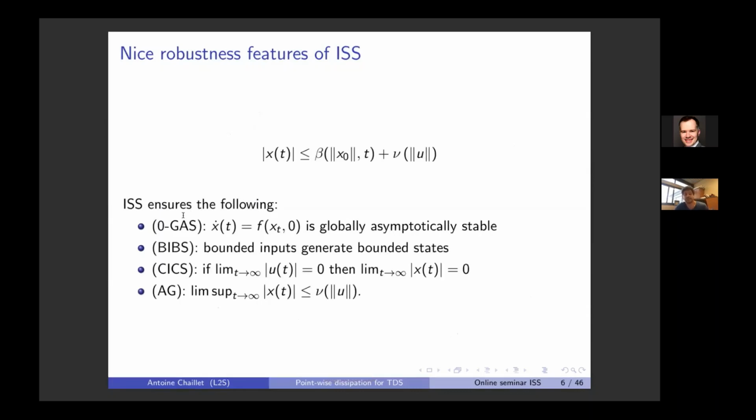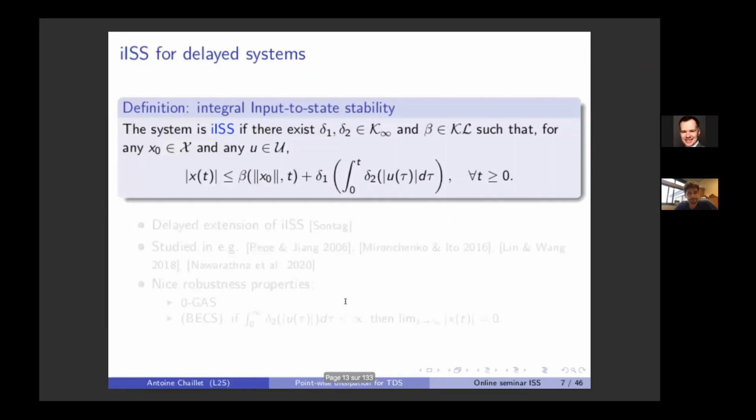And we have also this asymptotic gain property, meaning that the steady state behavior of the solution's norm is upper bounded by a K-infinity function of the input magnitude. So it has proved useful in several different contexts, and here I want to study it in a time delay context.